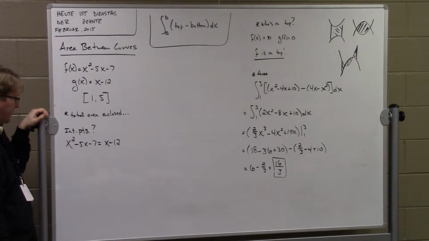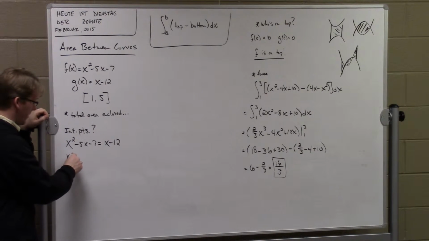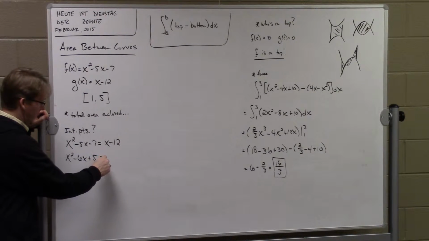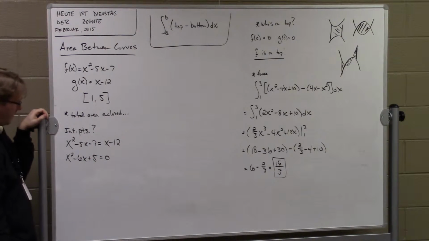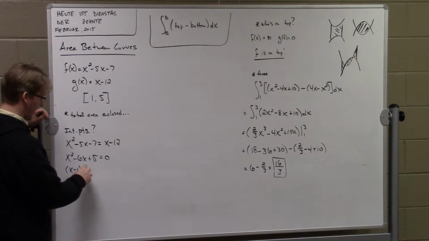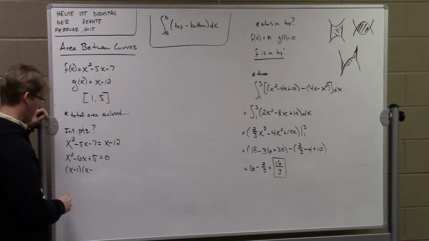I'm going to bring these two over here and set it equal to 0. So I get x squared minus 6x plus 5 equals 0. And that factors beautifully into x minus 1 and x minus 5.